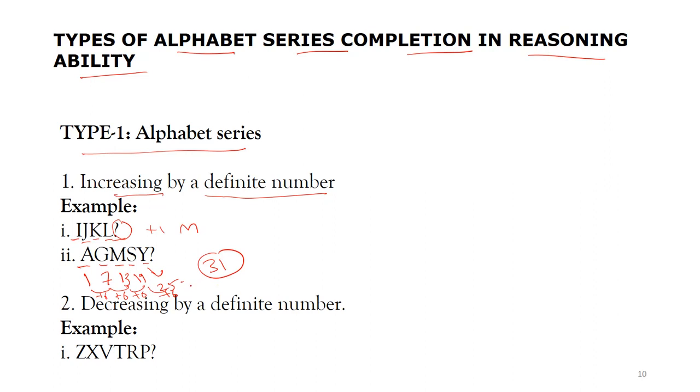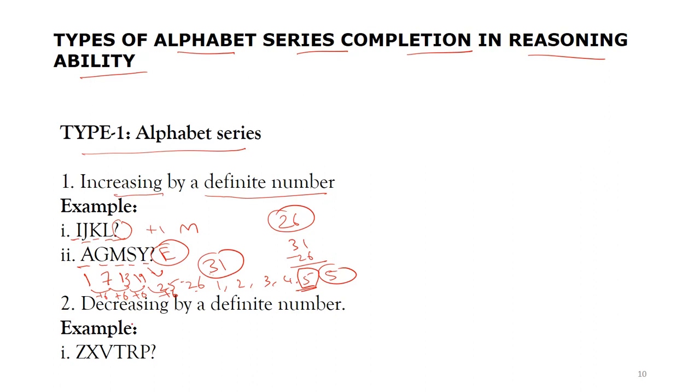Sorry, 31 we don't have, there are only 26 letters. So after 26, the series goes again with 1, 2, 3, 4, 5. So you subtract 26 from 31 and get 5. The fifth letter is my answer. So 5 is E. So it replaces 6 positions.